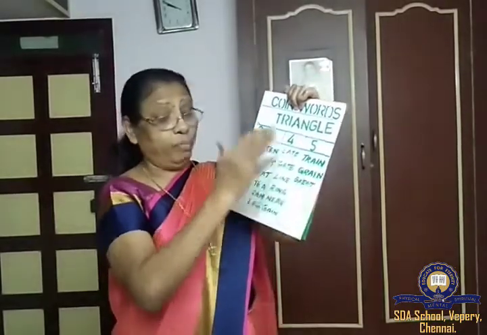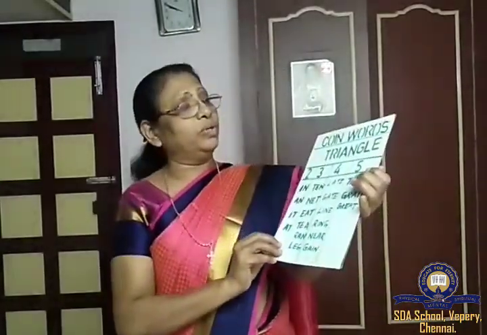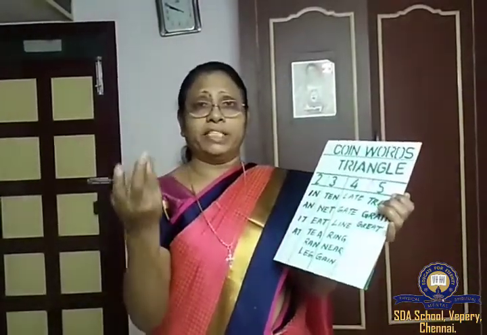But I'll tell you something, in 5-letter words I have made only 3. The next ones you make. Let me see who will make. Let's see how many you can make, even more. This is one beautiful game.